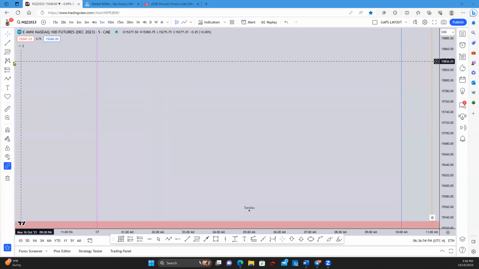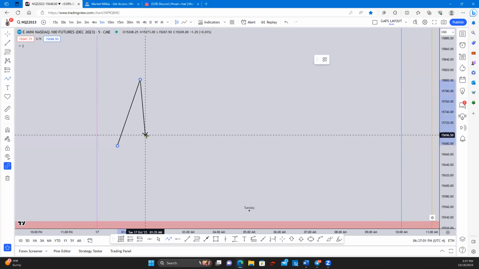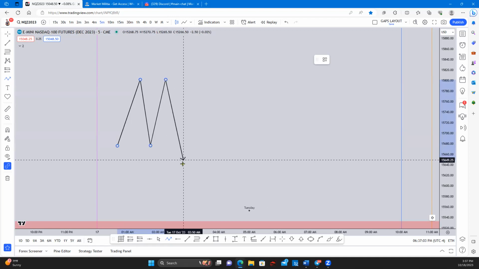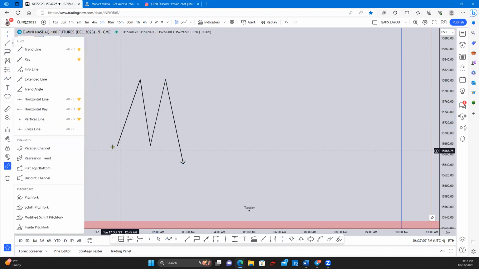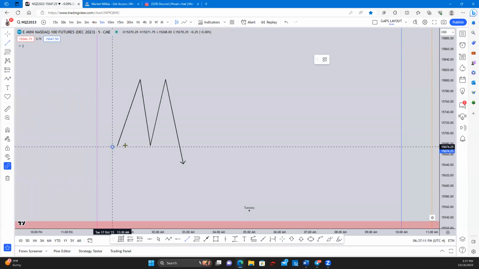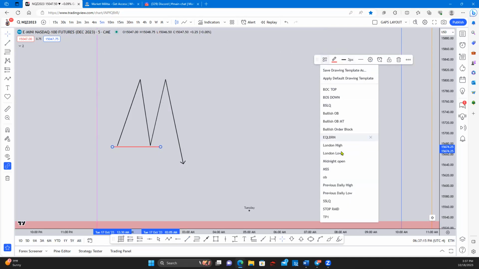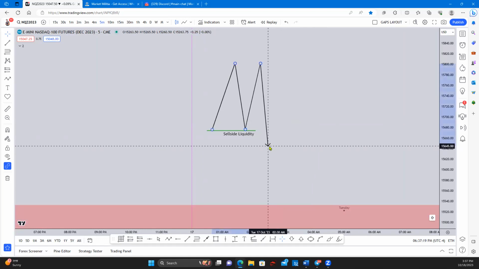So the first thing we're going to be looking at is we're going to be waiting for liquidity to be swept. So let's say we have equal lows as a sell side. Liquidity gets ran through, right?